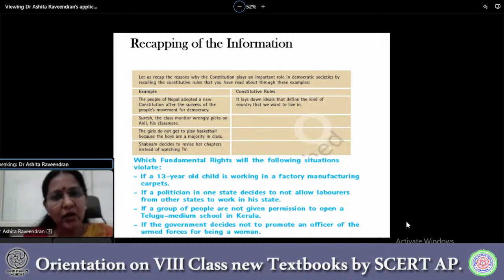It's towards the end of the class. If you do such activities, it will help you understand how the child has understood or gathered the information, whether they have actually understood all the facts and information provided in the textbook.